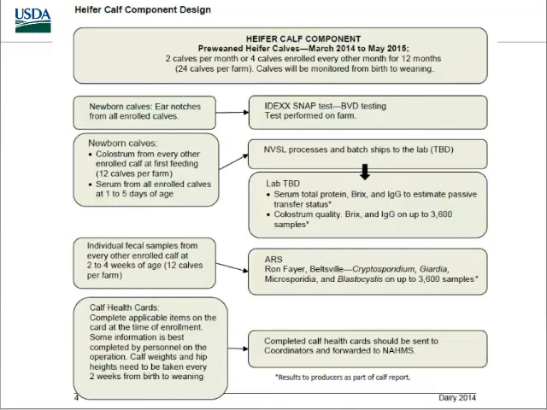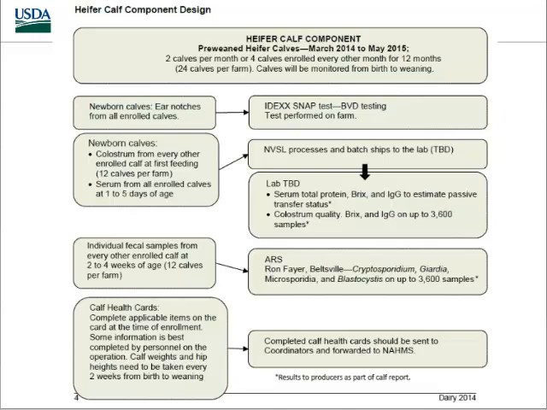All newborn calves that are enrolled will have ear notches collected, and the IDEXX SNAP test, which is an on-farm test, will be used for BVD testing. All we really want to do with the BVD test is exclude any BVD positives from the heifer calf component. We don't want to be following them for disease incidents and other health issues if they're BVD positive.